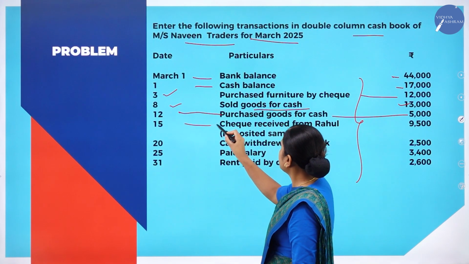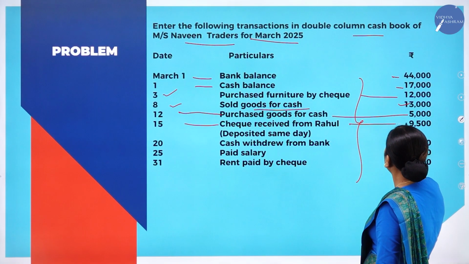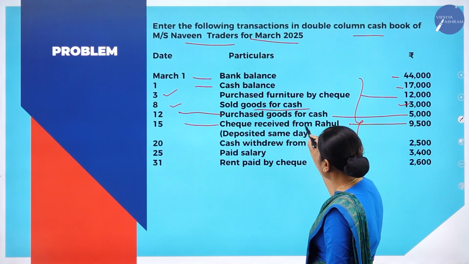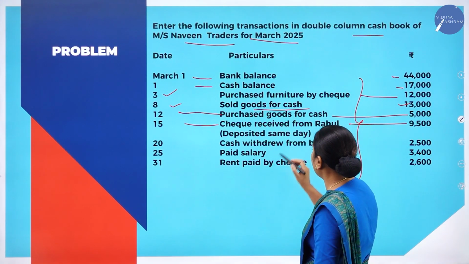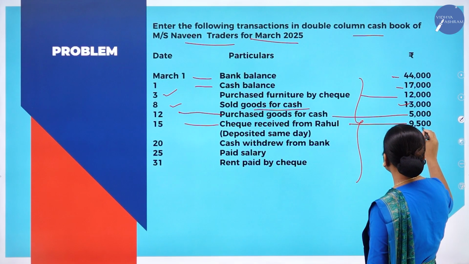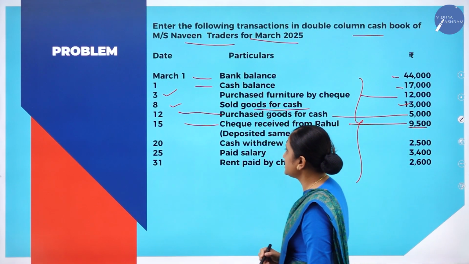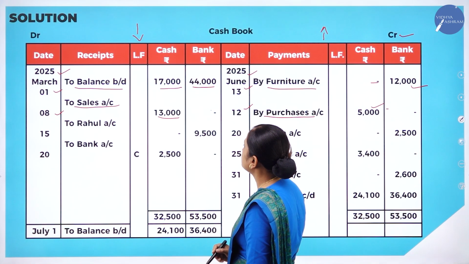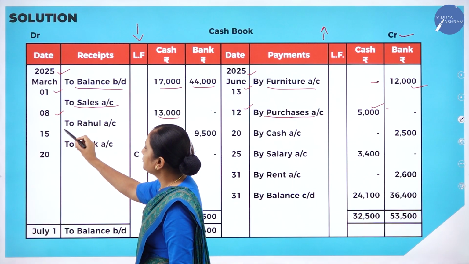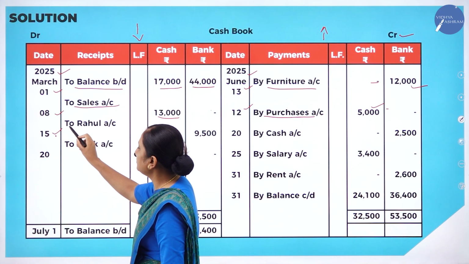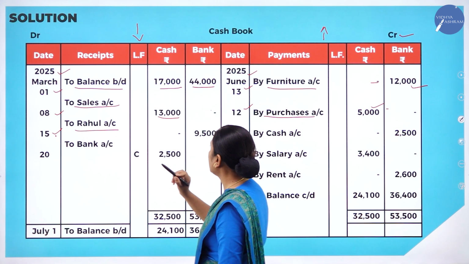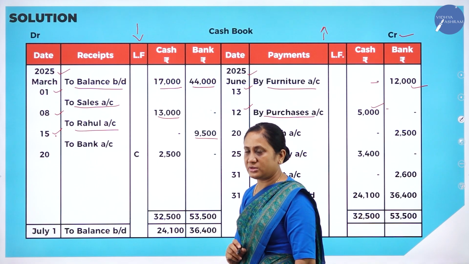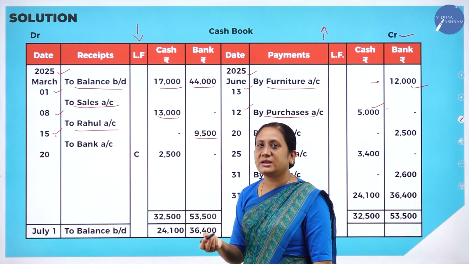Next, 15th, check received from Rahul, and on the same day deposited. We have received a check from Rahul, and on the same day we have deposited it into the bank account. So 9,500. Correct? Now see here, for the 15th we write the date in the date column, to Rahul account. 9,500 we are receiving in the form of a check, and the same day we have deposited it into the bank.